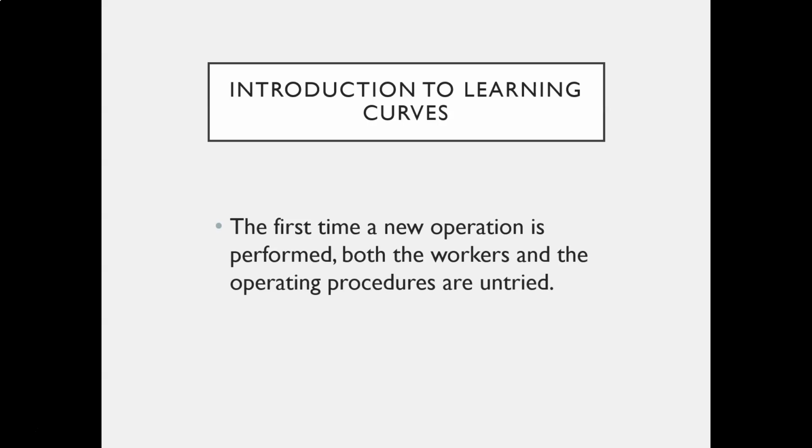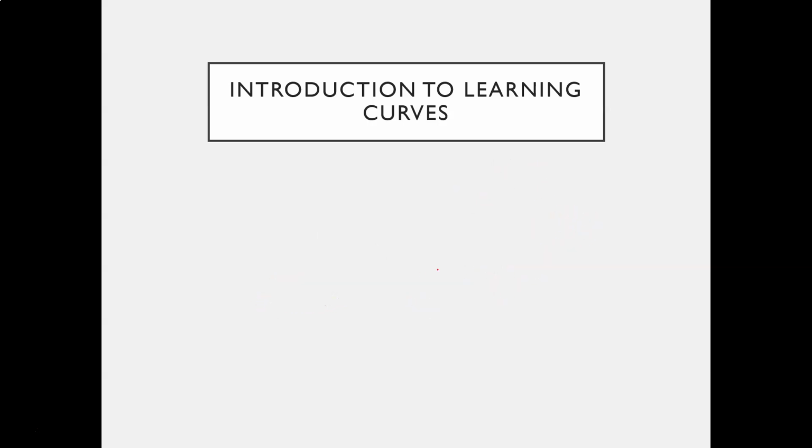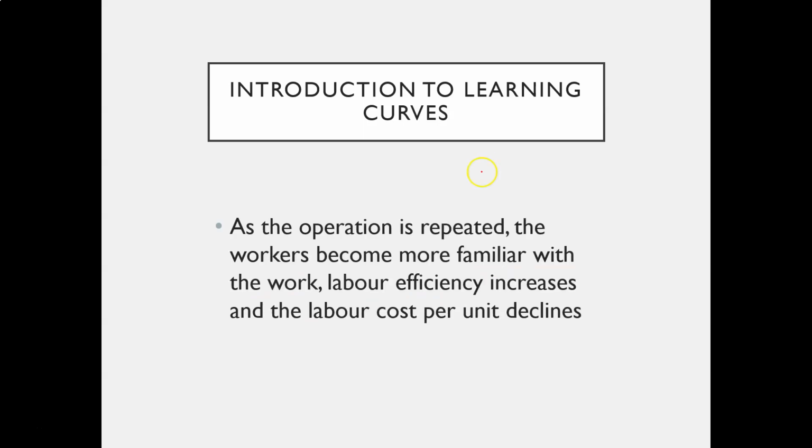Typically the argument is that the first time a new operation is performed, both the workers and the operating procedures are untried. As the operation is repeated, the workers become more familiar with the work, labor efficiency increases, and the labor cost per unit declines. So let's say I'm paying someone £10 per hour to make a table, and they spend 1 hour making the table.